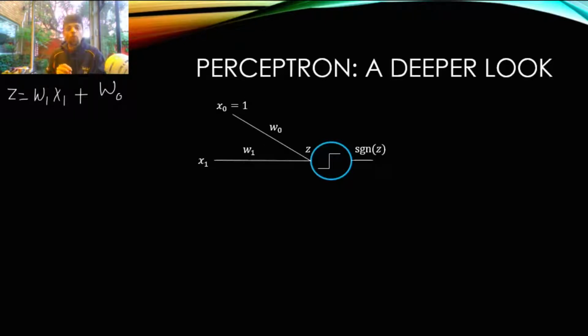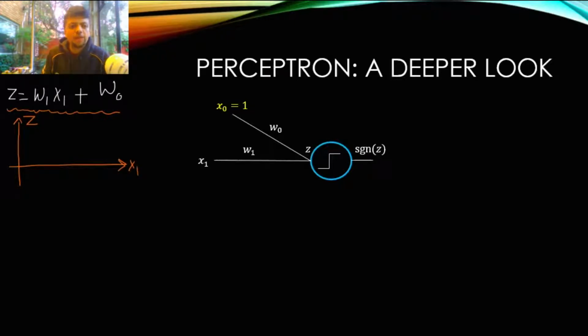And I told you why we care about this x0 equals 1. If you look at this equation, it is an equation of a line, right? The vertical axis is z, the horizontal axis is x1.